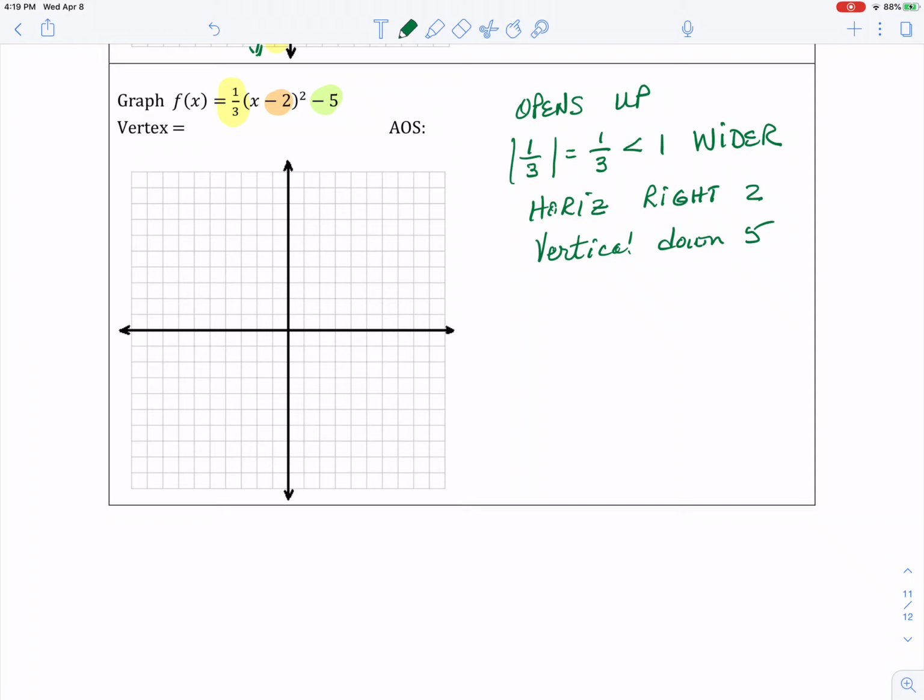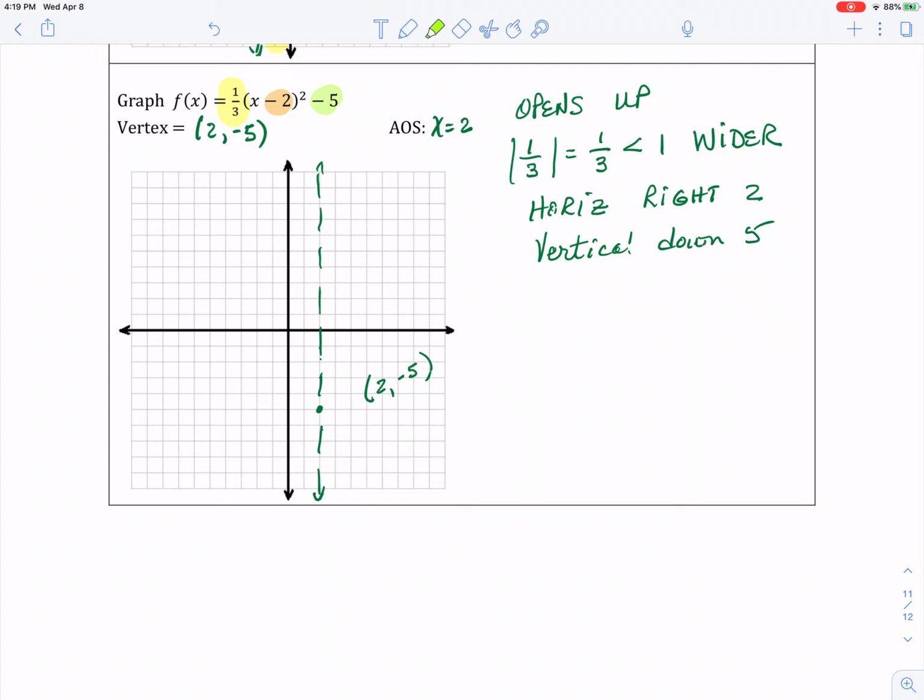So again, let me start with the plus 2, minus 5. 1, 2, 3, 4, 5. Right there, that's going to be the vertex. Here is the axis of symmetry, which has an equation x equals 2.